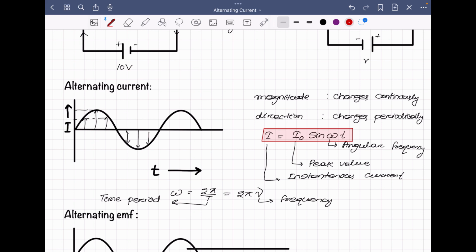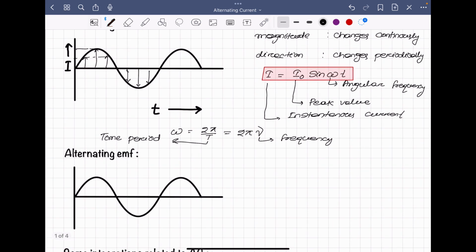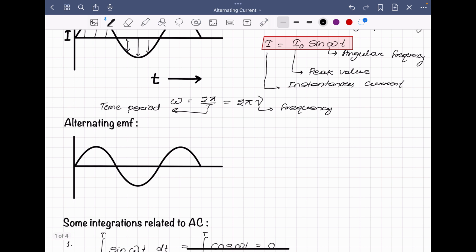Then what about alternating EMF? For alternating EMF also, on the y-axis we can take the EMF, on the x-axis we can take the time. Here also we can write E equal to E naught sine omega t.